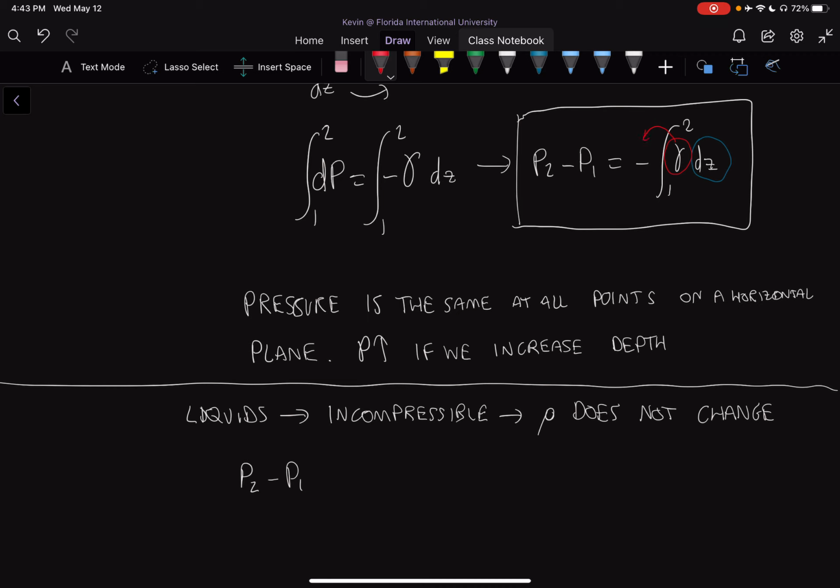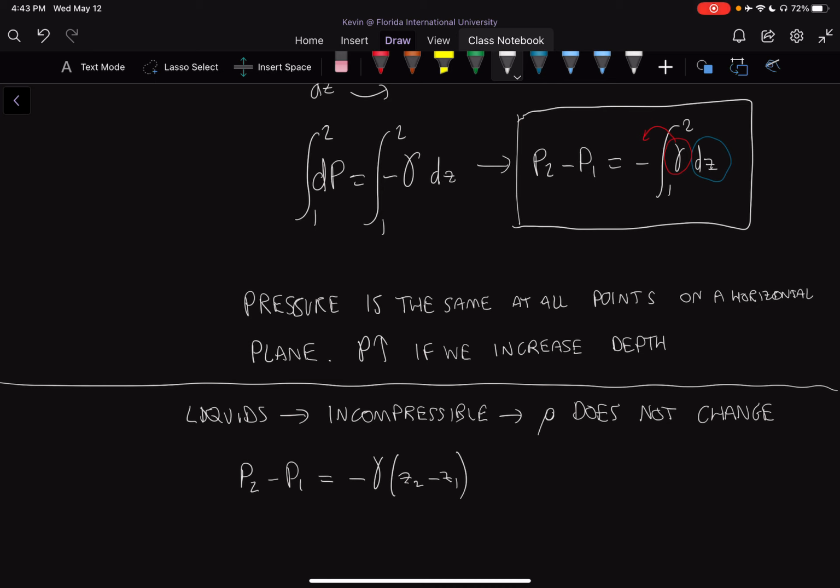Density does not change. And if we do the integral from 1 to 2 of dz, we end up getting a very simple equation: P2 minus P1 is equal to minus gamma, which is now outside of the integral, times z2 minus z1.